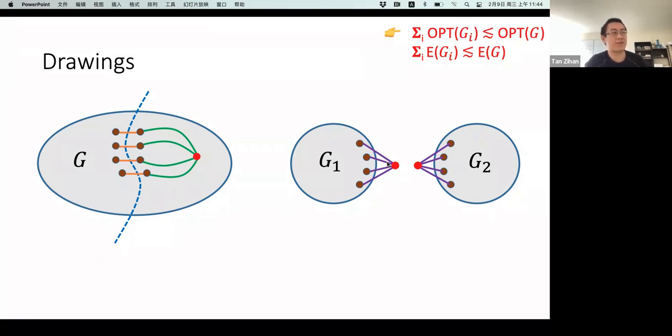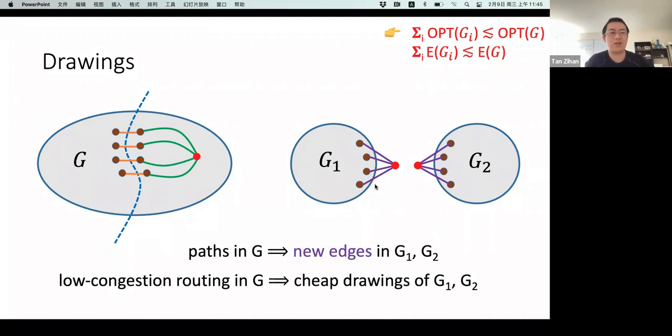So we use the paths' images to construct these edges' images. Now we can extract a drawing of G1 from the original drawing. In the ideal case they are edge disjoint, but in fact we only need low congestion. Edge-disjoint routing gives a perfect drawing, but low congestion routing still gives us a cheap drawing. So it does not increase the number of crossings by too much.